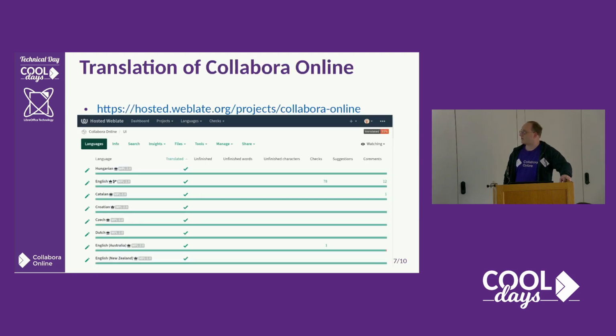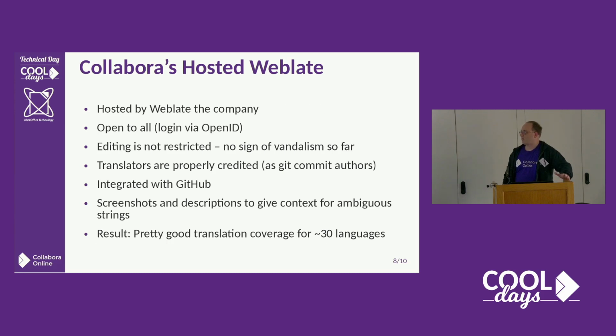So we maintain this hosted Weblate instance of Collabora Online, where we translate the aforementioned few online-specific strings and the help. It's open to all. We allow everybody to contribute.